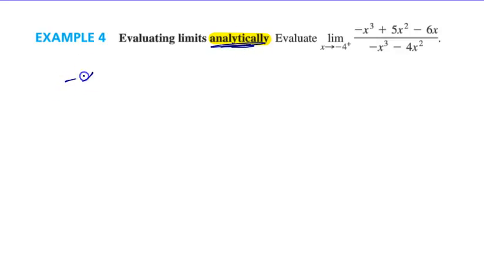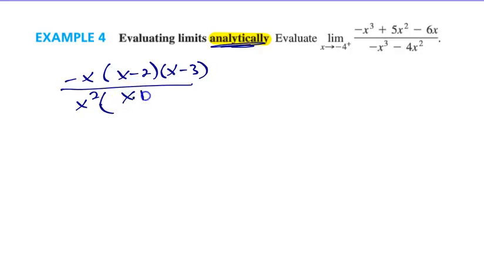So I'm going to factor out an x and continue factoring. I can pull out an x squared from the denominator and reduce. So I've got the limit as x approaches negative 4 from the right. I'm going to be thinking about negative 3.9999.